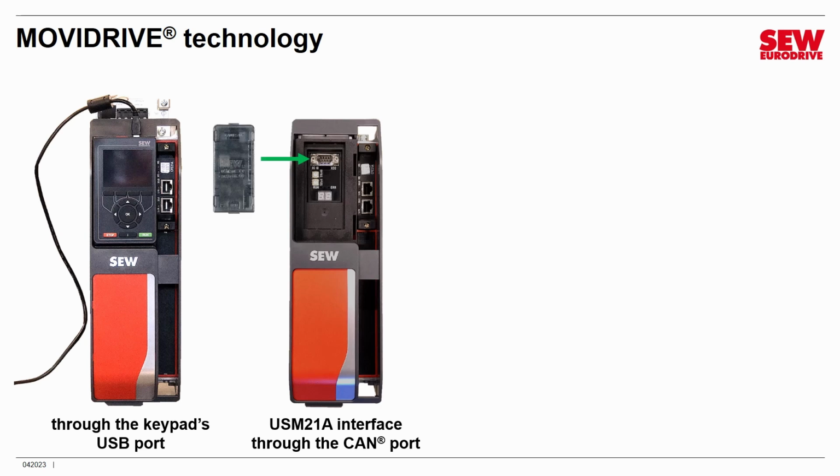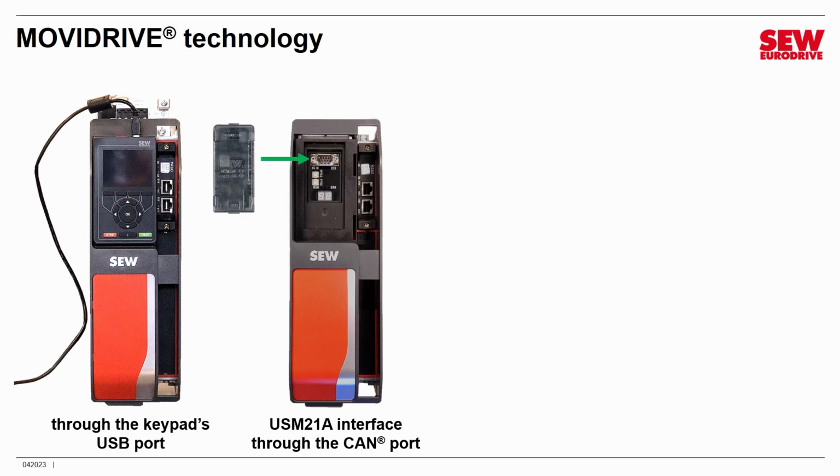And what you do is you plug one end into your PC through a USB port, the other you plug into that D-shaped connector, which is behind where the keypad is. That's called the engineering port. You plug in there and you're all set. You can connect in and engineer the drive. That is what we'll be using for this class. I will be using the USM21A.